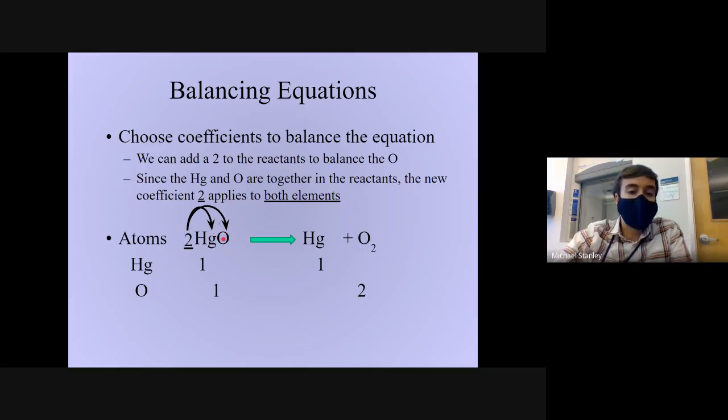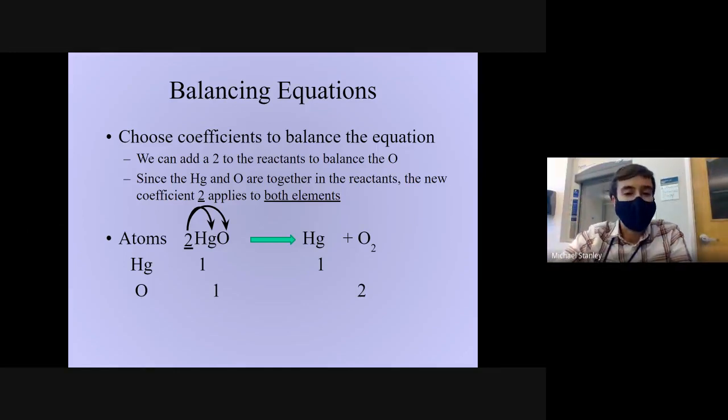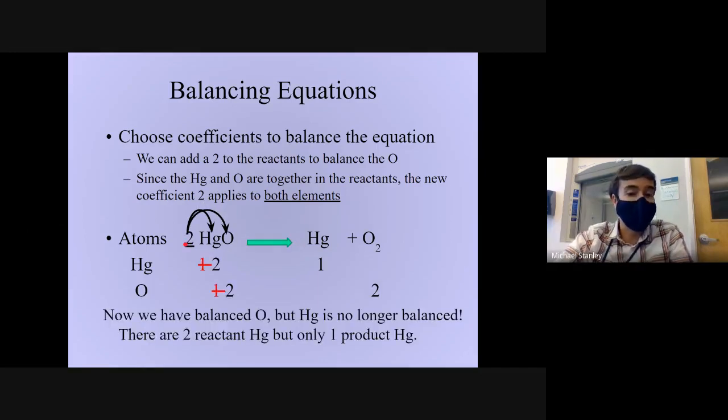However, HgO is a single compound. It's an Hg and an O that are bonded together. So when we put this 2 here, we get 2 O's, but we also get 2 Hg's. This 2 applies to both atoms equally. 2 HgO compounds means that we have 2 Hg atoms and 2 O atoms now.